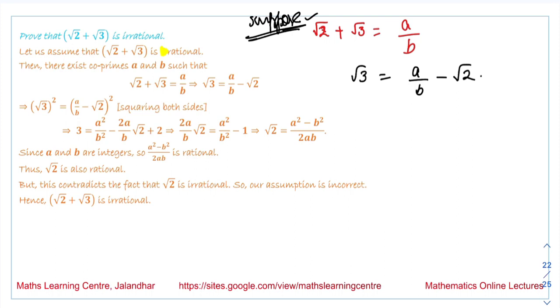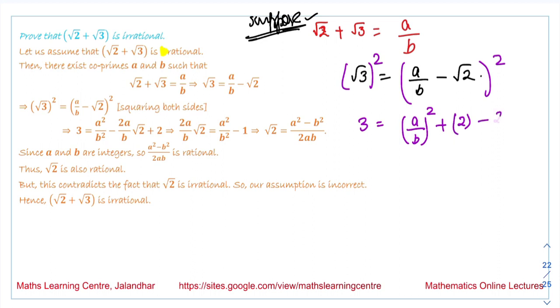So when we square both these sides, we get 3 is equal to (a by b) square plus 2, root 2 square means 2, minus 2 times root 2 into a by b. So what we get from this is that 2 root 2 a by b is equal to a square by b square plus 2 minus 3.